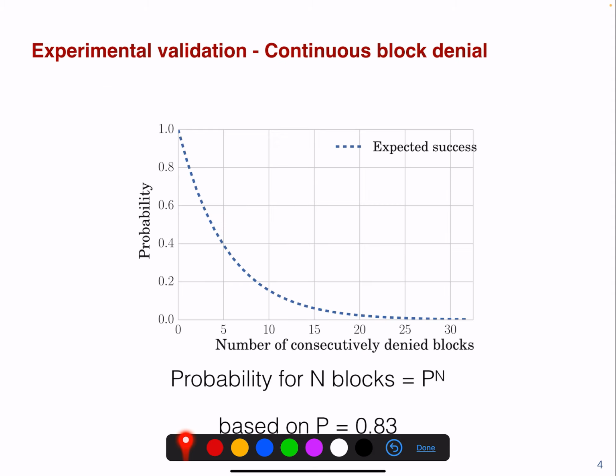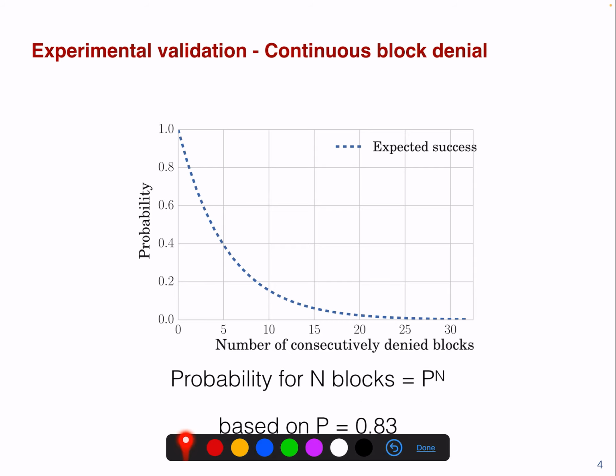This is the theory. In order to experimentally validate it, we can assume a certain probability for being first in advertising a block, which is about maybe 80 to 90%. So here we chose this number.